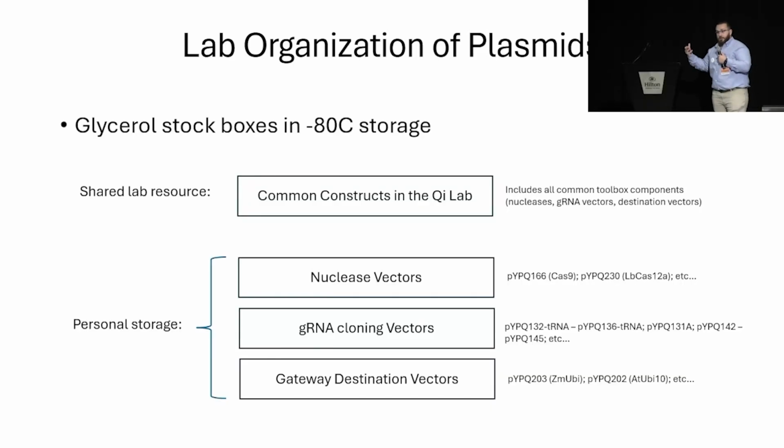And finally, I like to keep a box for the Gateway destination vectors harboring the plant selection marker and the promoters for driving the CRISPR machinery, all in separate boxes. And then we have a shared lab box, which would contain just the common constructs that we use in our lab. And these are freeze stocks or glycerol stocks, kept in the -80.